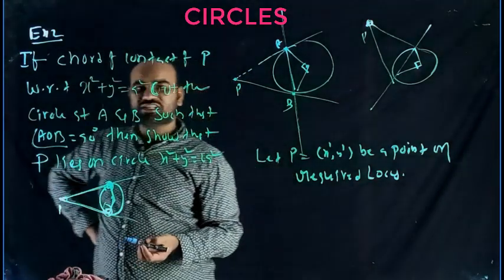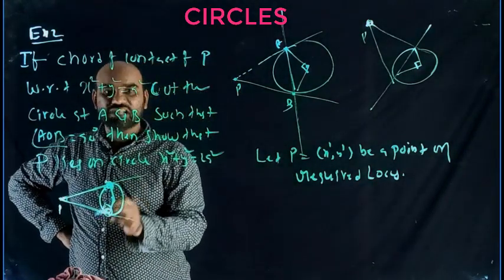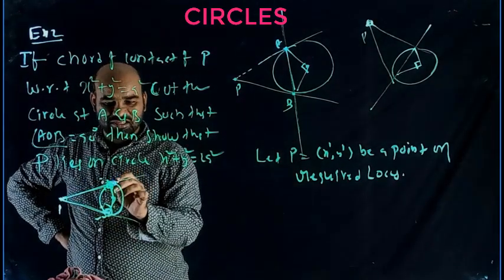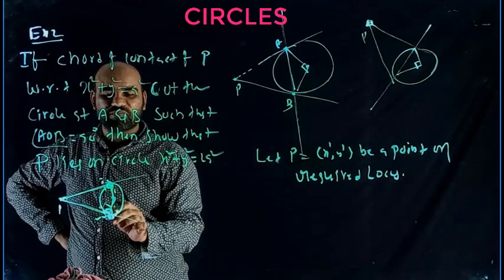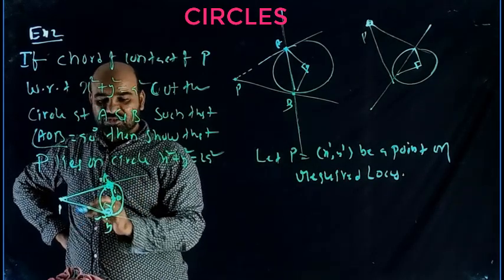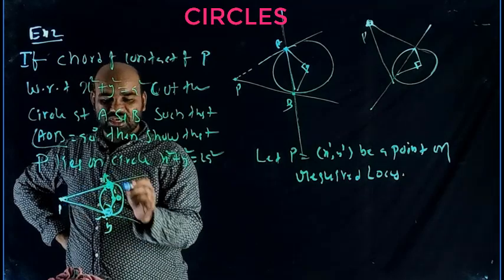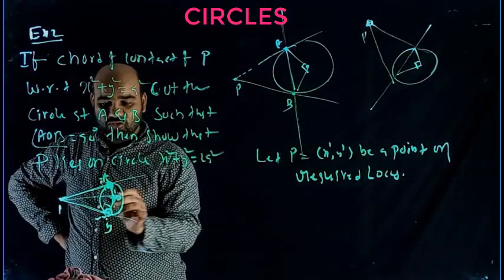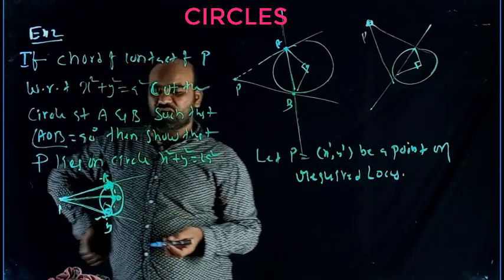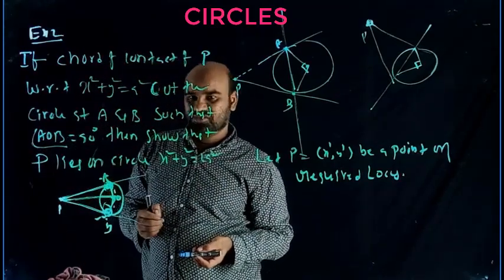Then such a quadrilateral is called a cyclic quadrilateral. See here 90, here 90. Cyclic quadrilateral means there exists another circle which passes through this point and this and this and this. For that circle, for example, this is O, this is A, this is B. So there exists a circle that passes through P, A, O, B. For that circle, OA becomes the diameter, angle in a semicircle. You already learned this type of concepts.